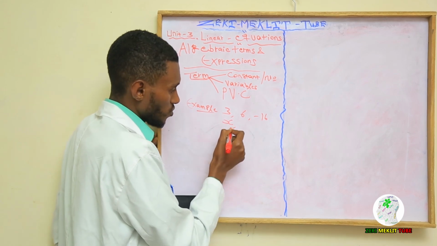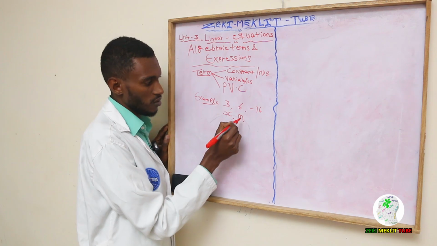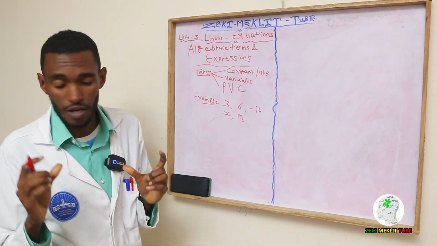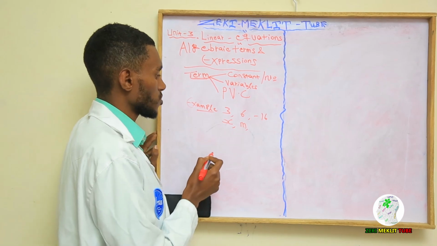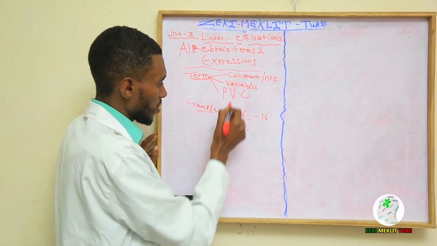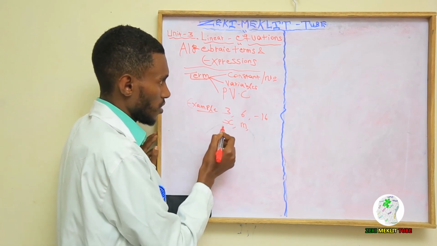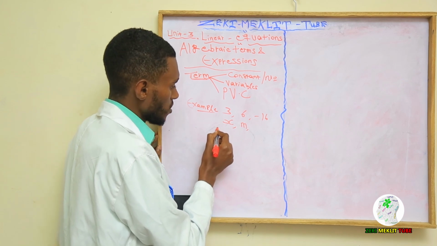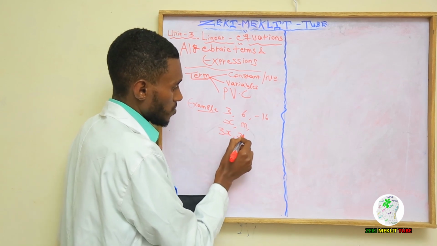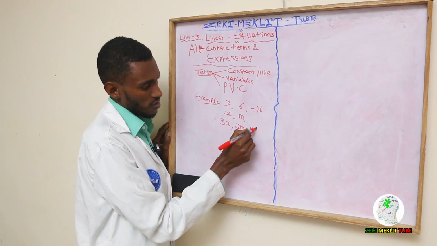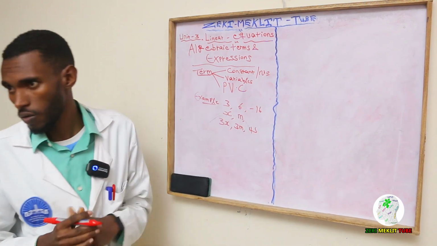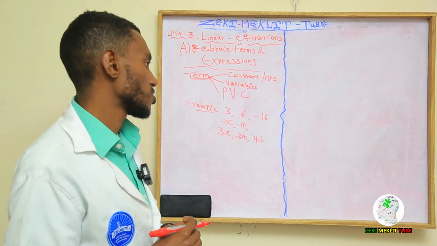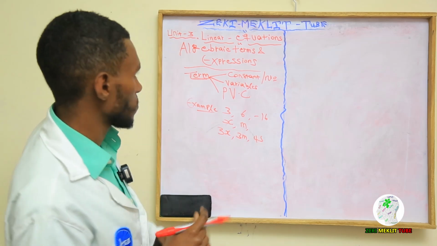If it is x, mostly we say x or m, or any letters or symbols which represent an unknown number, we call it a variable. And also the product of number and variables, that means the product of constant and variables. For example 3x, 3m, 4s, something just like this is called a term.